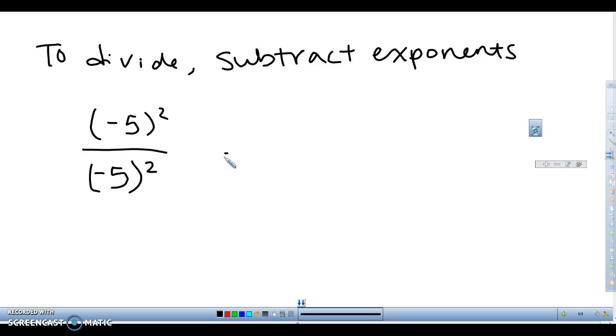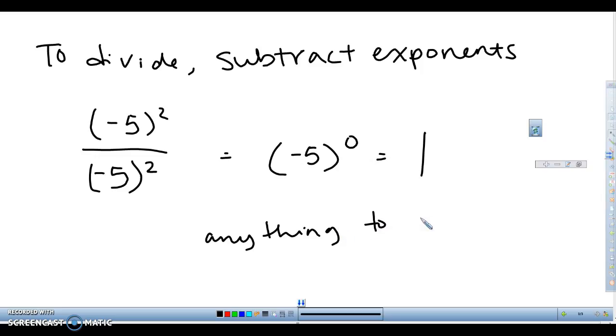So I keep that base, negative 5, and then I subtract down. 2 minus 2 is 0, and anything to the 0th power is 1. Okay, that's important to know if you do not know it already.